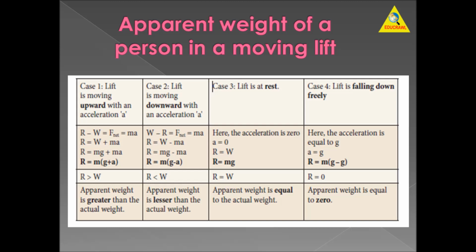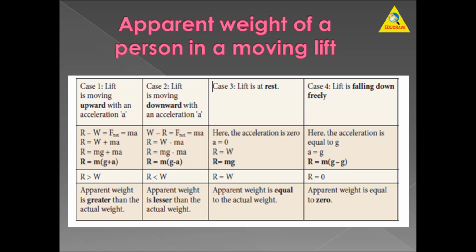Now consider case 4. Now the lift is moving with an acceleration equal to the acceleration due to gravity, which is equal to 9.8 meter per second square. Hence the equation is R is equal to m into (g minus a). Since the values of g and a are the same, R will be equal to 0, since a is equal to g.